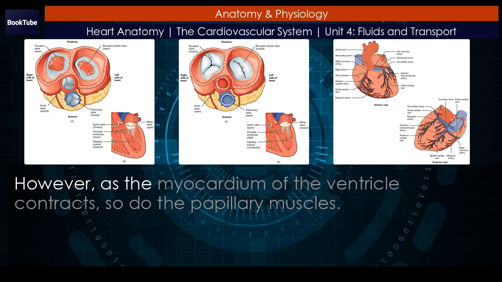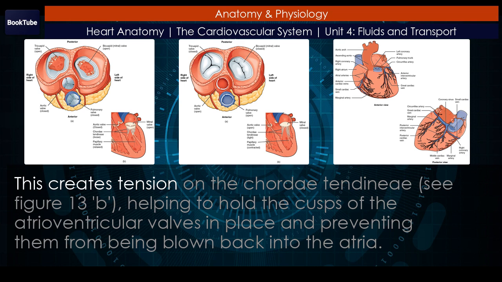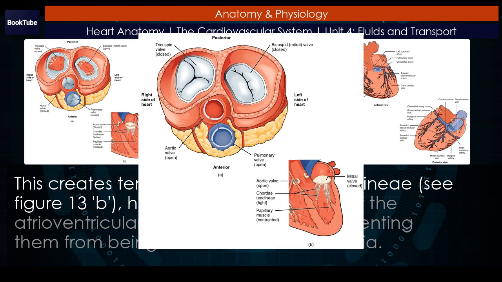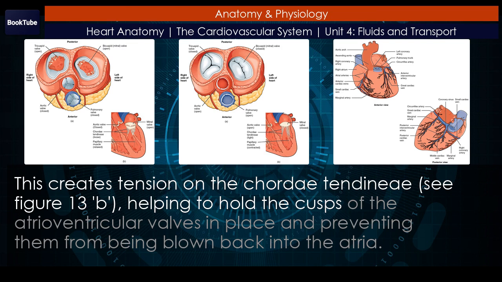However, as the myocardium of the ventricle contracts, so do the papillary muscles. This creates tension on the chordae tendineae. See Figure 13b. This helps to hold the cusps of the atrioventricular valves in place and prevents them from being blown back into the atria.